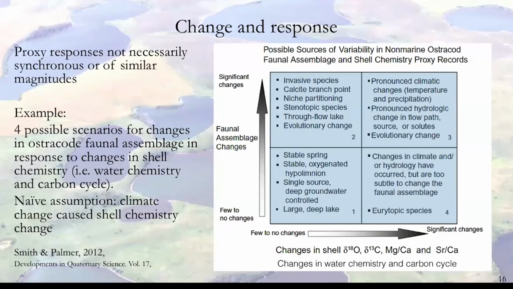It shows 4 possible scenarios for changes in ostracod fauna assemblage in response to changes in shell chemistry. Here the assumption is that shell chemistry is related to water chemistry and to delta C13, the carbon cycle. So the assumption being made here is that climate change caused the shell chemistry change, which may or may not be true.